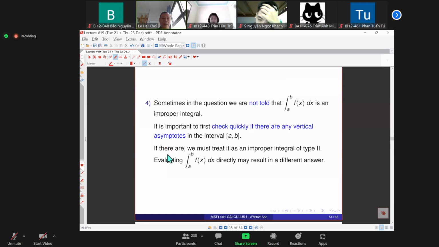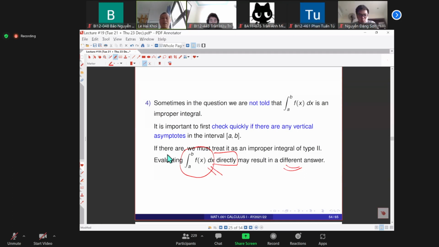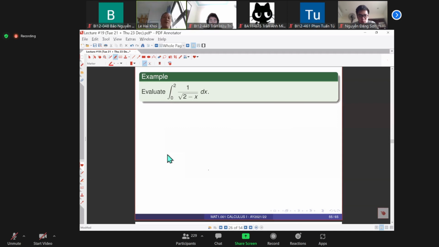If you must treat it as an improper integral of type 2, and you compute it directly using the method of definite integrals, then you may have the wrong answer, because this is the limit of a definite integral.